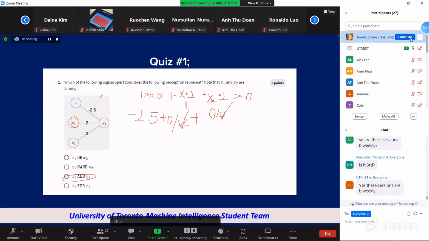If the summation over here is negative, then the overall result is negative, which is 0. Usually, if you're in computer engineering, or taking programming courses, you will see the binary notation, where 0 stands for false and 1 stands for true. So that's what's coming in here. Does that make sense?